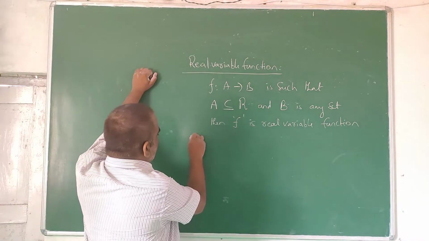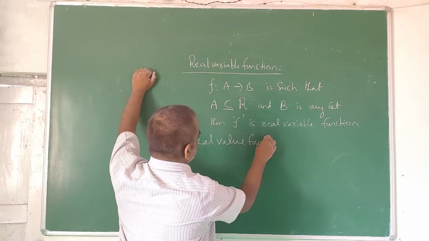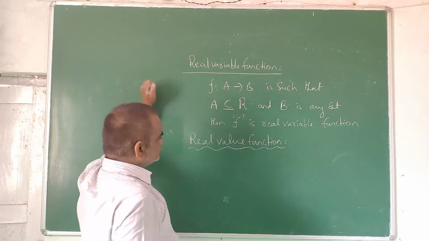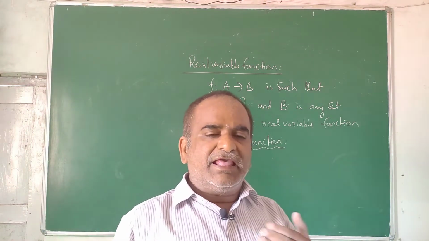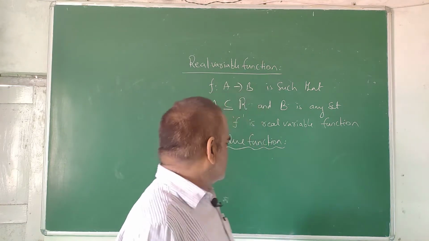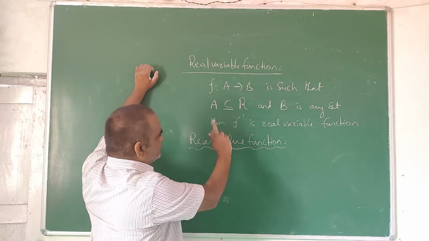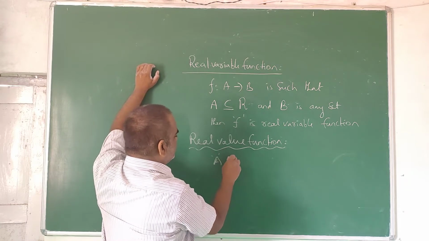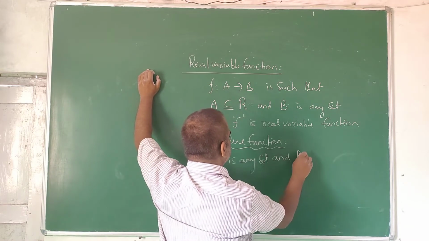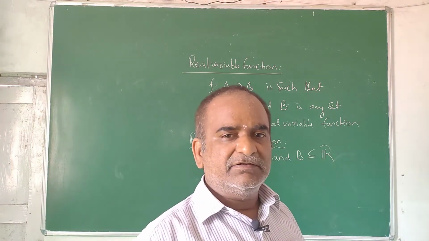Now, real valued function. In this case, A is any set, B is a subset of R. Understood? So, same definition, you can follow the same footsteps. The only thing is, here A is any set and B is a subset of R. So, here the codomain is a subset of R. Understood?